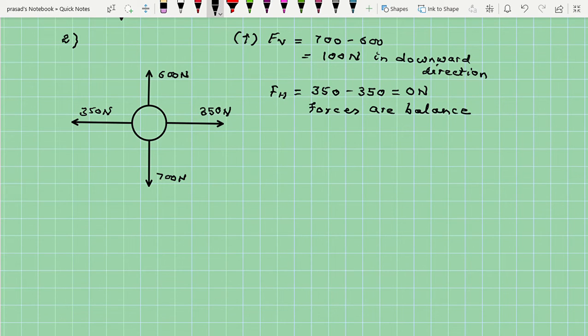That means a resultant force of 100 Newton acts in the downward direction.